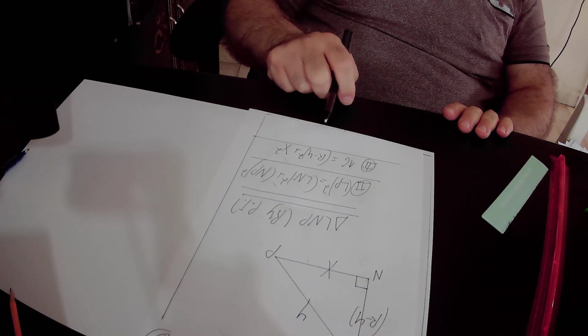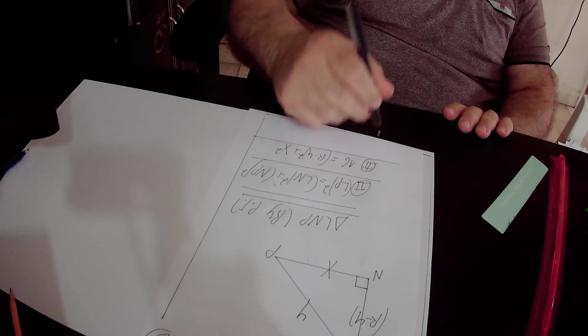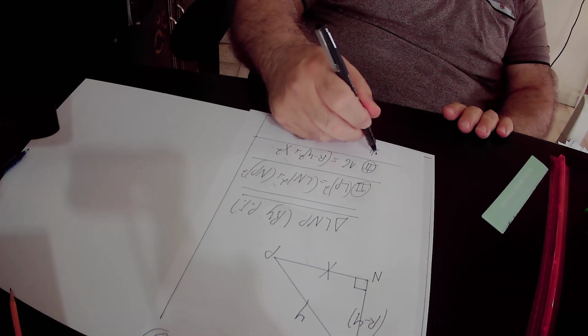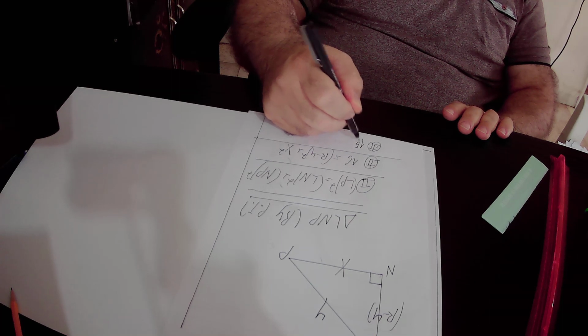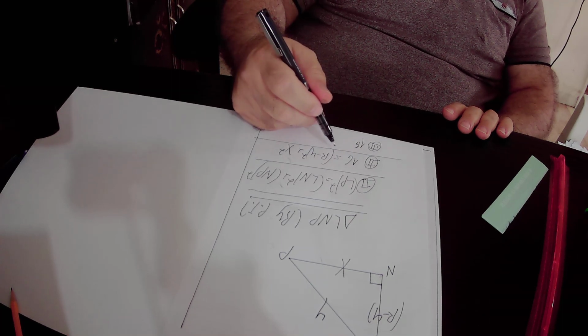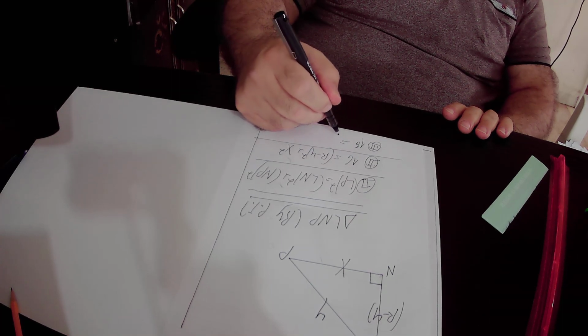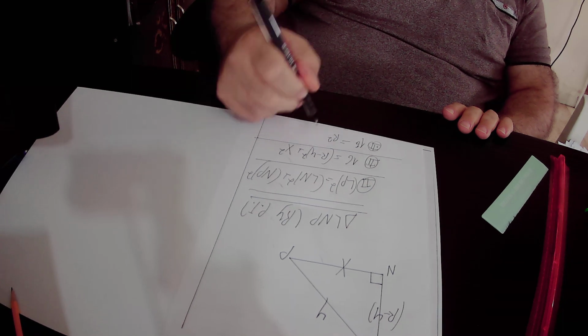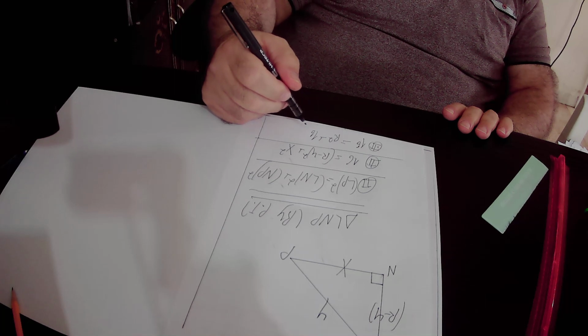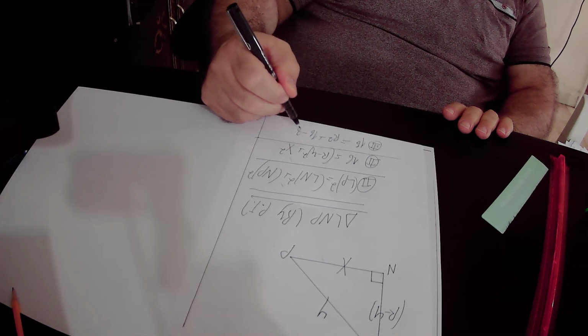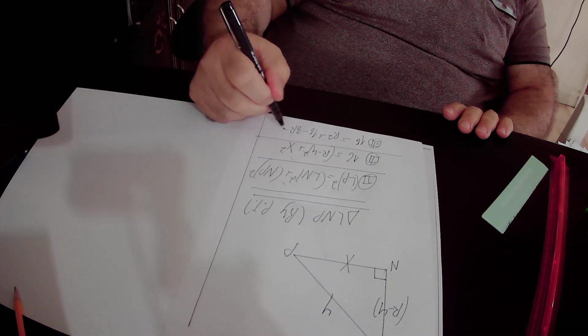Here we'll open the brackets on this side of equation number 2, and we get that 16 equals (capital R minus 4) square, which is R square plus 4 squared, that is 16, minus 2 times R times 4, that is minus 8R, plus x squared.